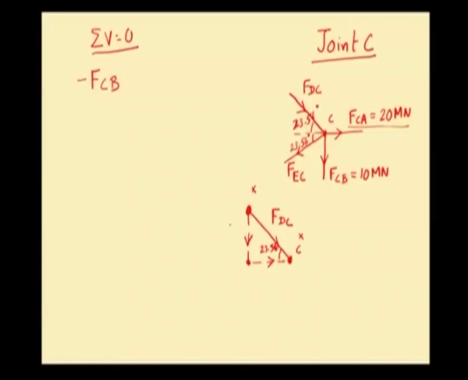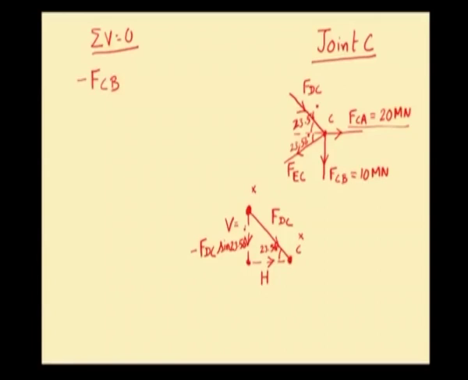So, this is our vertical component V and this is the horizontal component H. With respect to 23.56 degrees, vertical component is opposite side. Also the vertical component goes in the downward direction. So, we should have a negative sign for it. So, vertical component V will be minus FDC into sine of 23.56 degree.